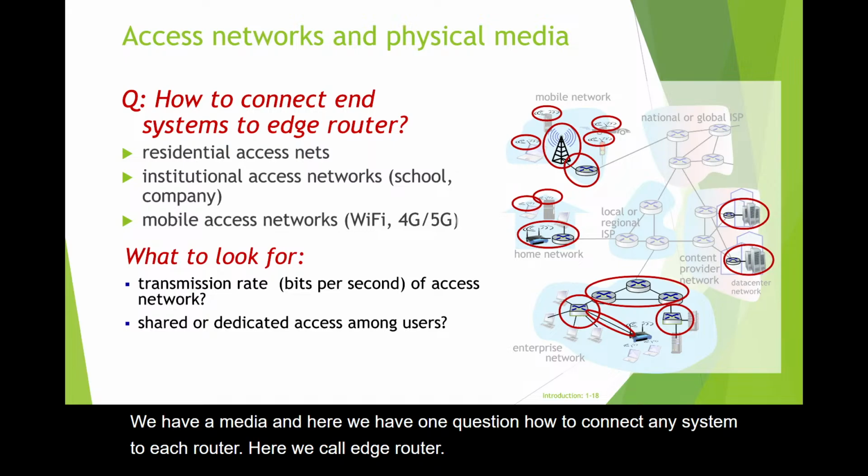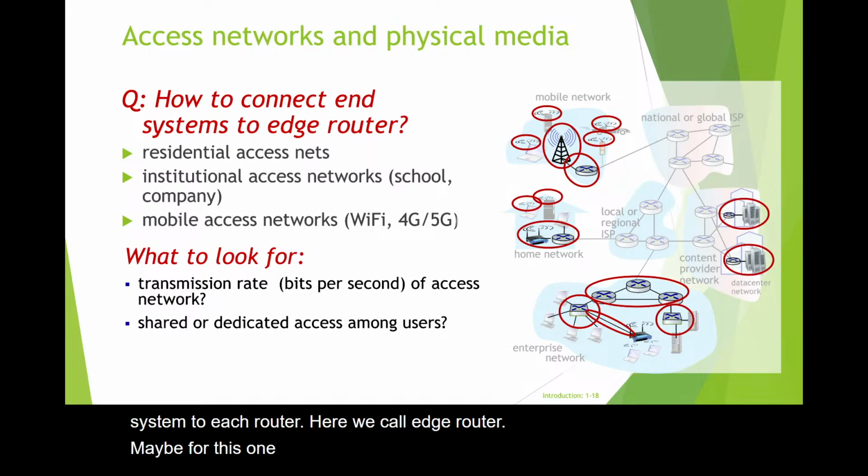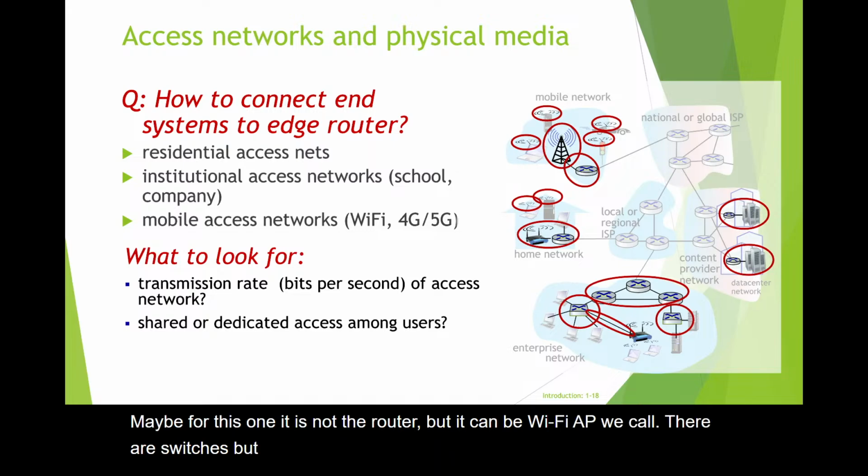Maybe this one is not a router but a Wi-Fi AP. We call these switches. But beyond this we have a router, which we call the edge router, and the other routers as well. So how do we do that?